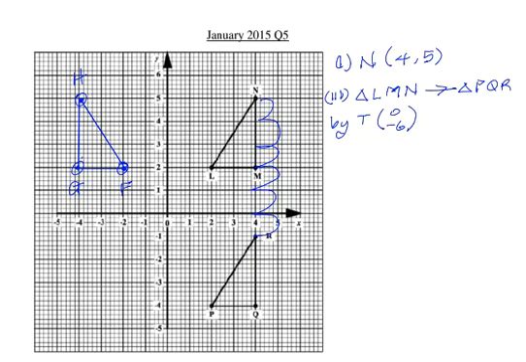The minus 6, the bottom value, is telling me that I moved the shape 6 units downwards, parallel to the y-axis. So triangle LMN is mapped onto triangle PQR by T (0, -6), which is a translation.